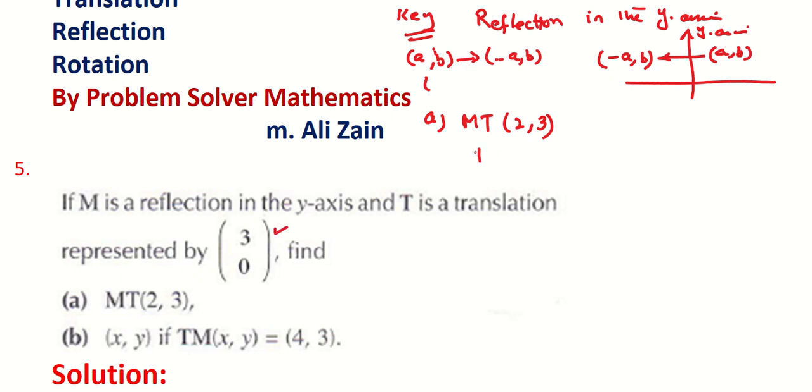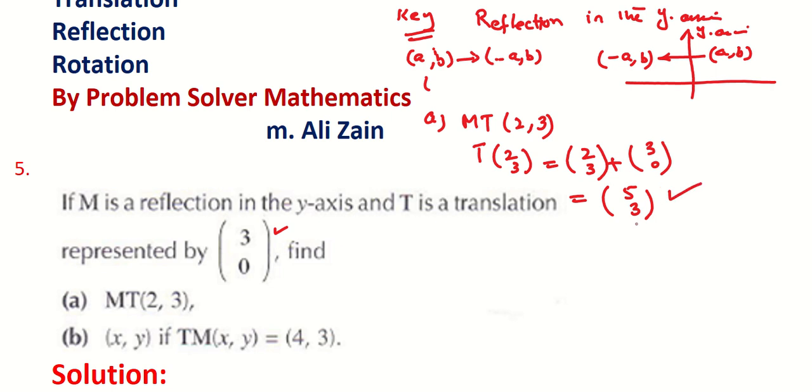So first we operate translation on (2, 3). The translation vector is (3, 0), so we add these two: 2 plus 3 is 5 and 3 plus 0 is 3. This is the resulting vector after taking translation on (2, 3). Now we operate M on the resulting value. M means reflection in the y-axis.